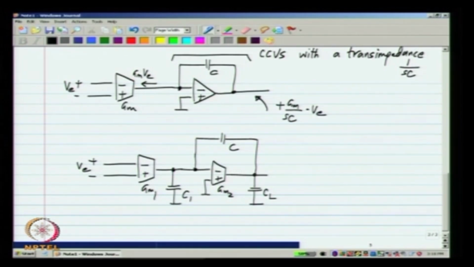So, the reasoning so far has said that this op amp will be better than using just that one, that is Gm1 loaded by a capacitor C. Okay. So, that is the reasoning by which we derived all this, and also let us put the limitations in place. Each transconductance will have some output resistance. Like I said earlier, you cannot make a current source with an infinite output resistance.